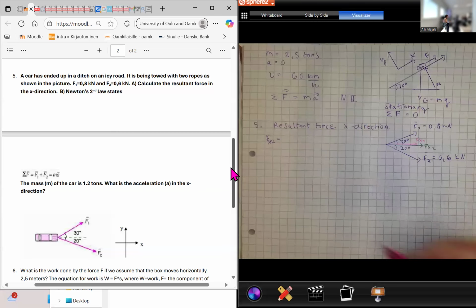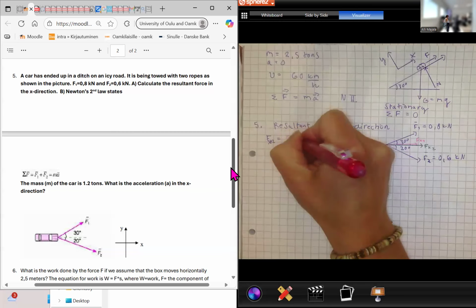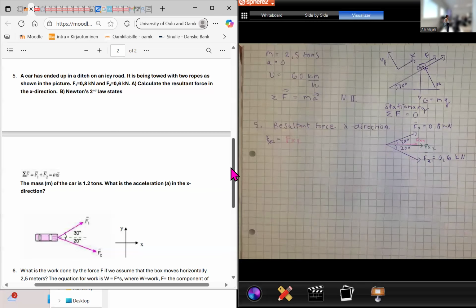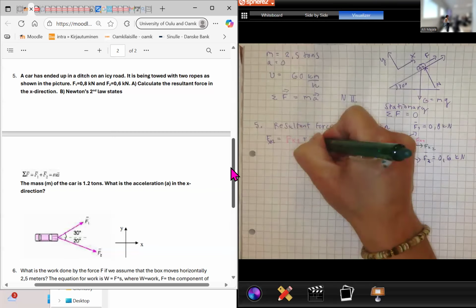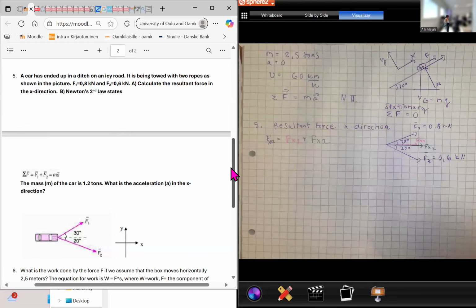Then you, of course, put the fx1 plus the fx2. So all you need to do is to calculate them with trigonometry and just put them together, yeah? Easy.